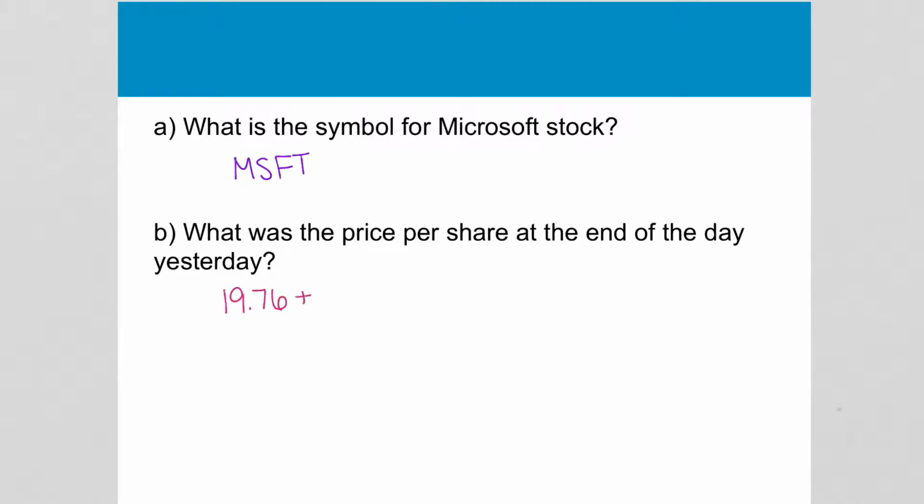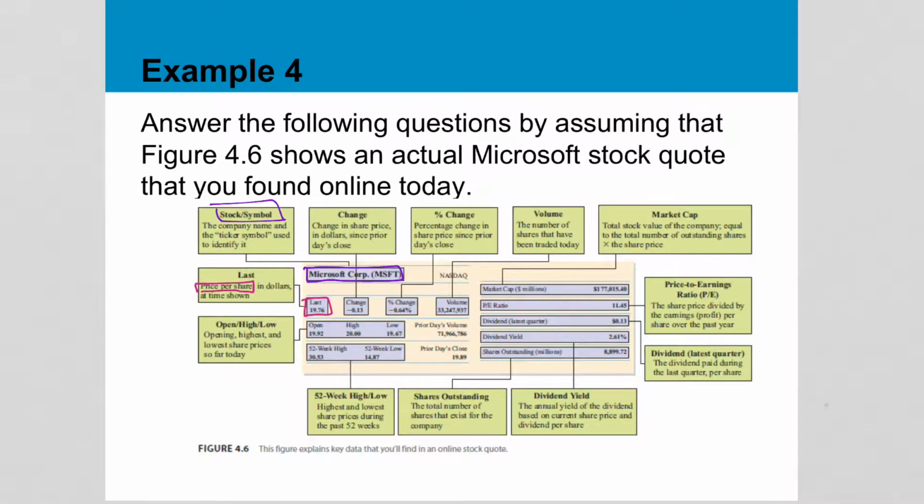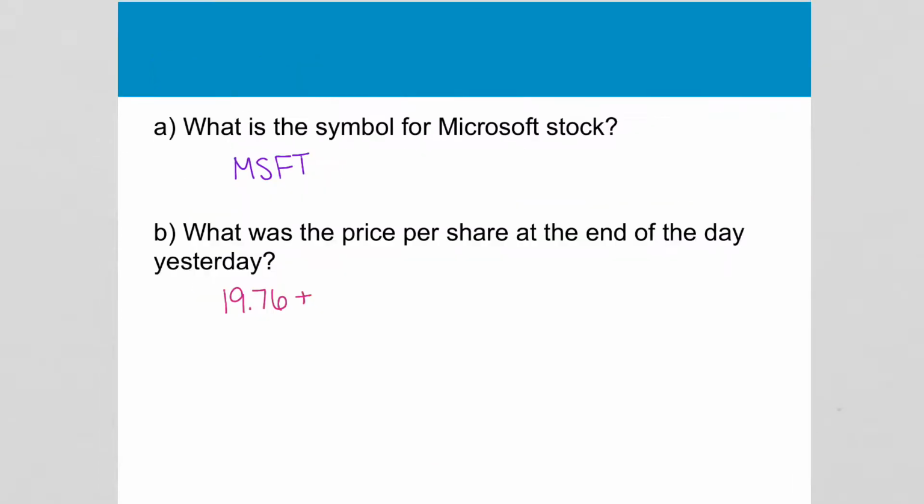That's today. Okay? We want to know what it was yesterday. So we look at the change. It went down 13 cents from yesterday. So if it went down from yesterday, then we're adding back 13 cents to get to the price it was yesterday. So $19.89 was the price per share yesterday.